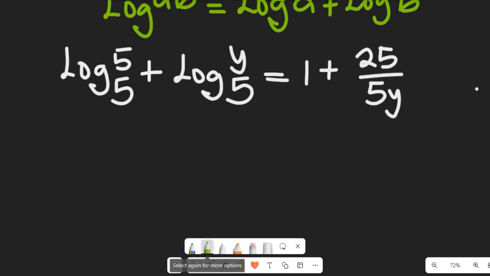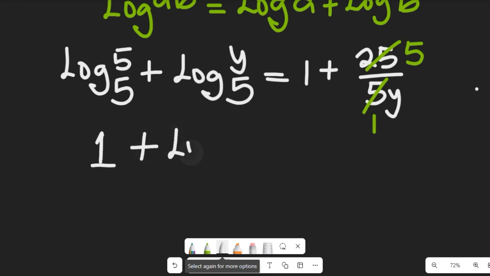If I simplify this expression, 5 will go here to give me 1. 5 here will give me what? 5, because 5 times 5 is 25. So I'll have log 5 base 5, which gives me 1 according to the rules of logarithm, plus log of y base 5.